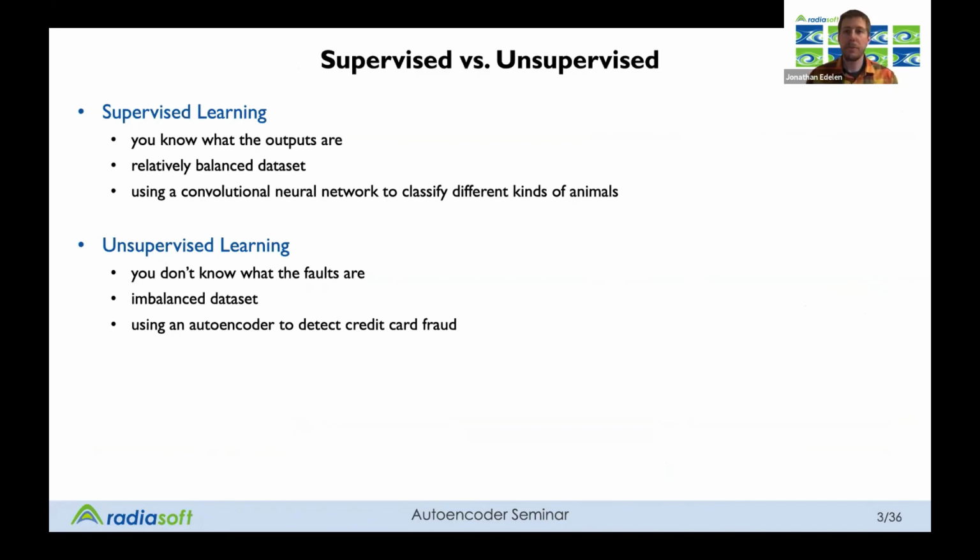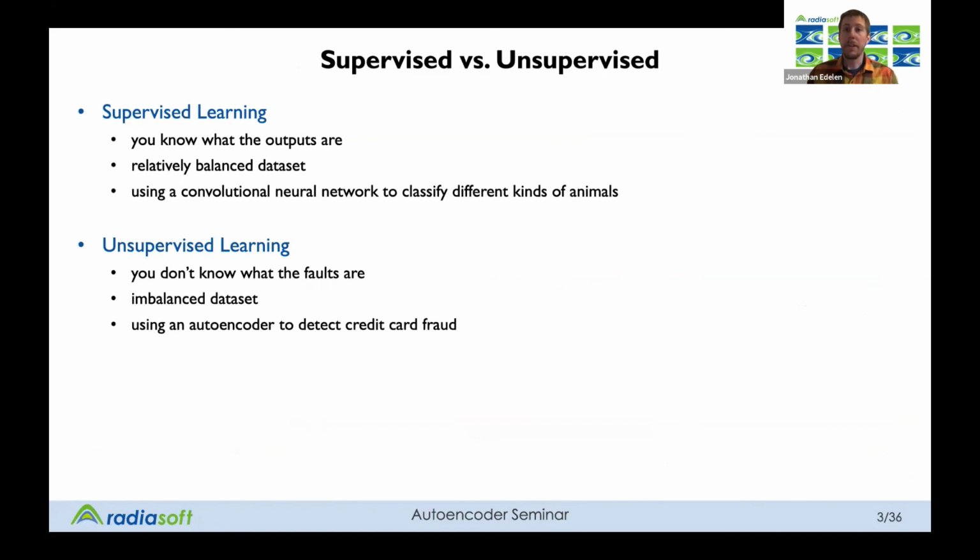There's two primary approaches for machine learning for this sort of application, supervised and unsupervised learning. There are other methods as well, but these are the two primary ones. In supervised learning, you know what the inputs are, you know what the outputs are, and you're just trying to learn some kind of representation that tells you what your outputs are for a given set of inputs.